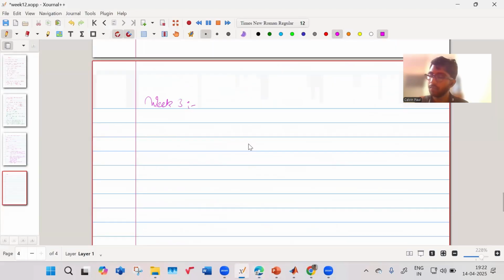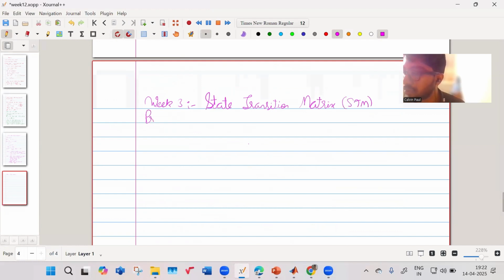Week 3, we considered what is the state transition matrix, the STM, then the properties of the state transition matrix.